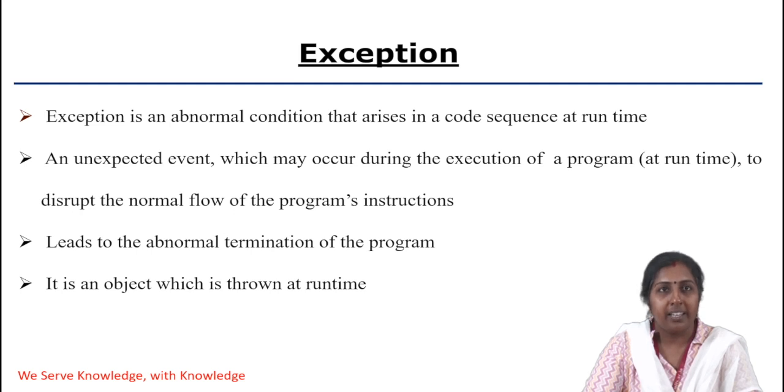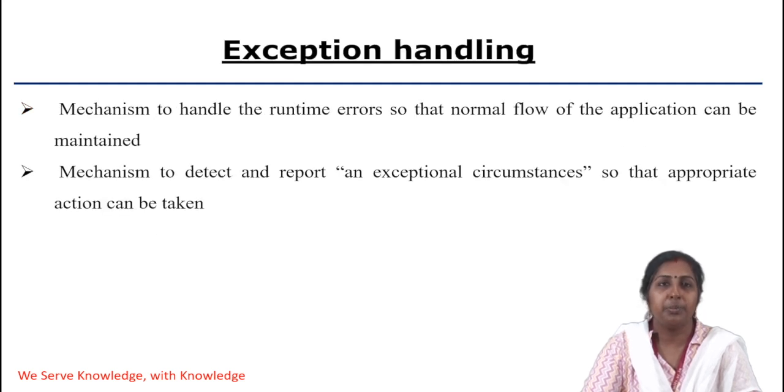So any unexpected event that occurs at runtime during the execution of a program can be considered an exception, or else we can say that it is an object which is thrown at runtime. If an exception occurs, there should be a mechanism to handle it. As we know, errors may occur during program execution, so there are mechanisms to handle runtime errors.